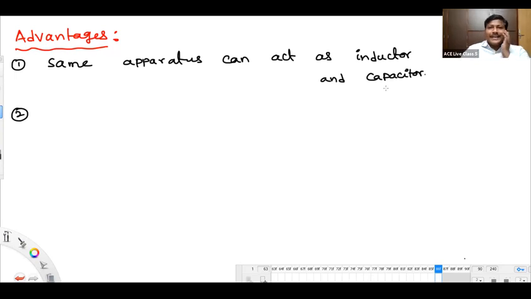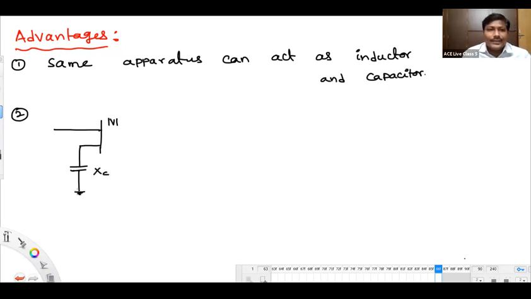Please listen here. Next advantage, just look here with respect to a capacitor. For example, we have a capacitor bank, something like this. The voltage is mod V, the reactance is XC.